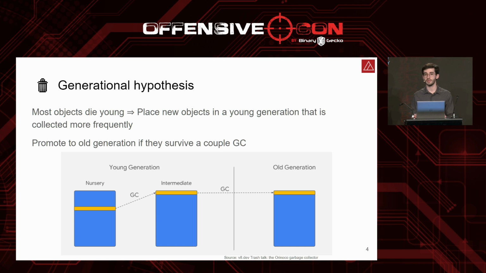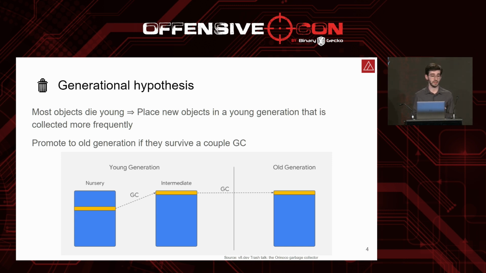Another important concept is the generational hypothesis. It's really an observation that most objects die young, and that if an object survives for a couple of garbage collection cycles, it's likely to survive for more. So to take advantage of this, allocators usually divide the heap in two spaces, one for young objects and one for old objects that are garbage collected separately.